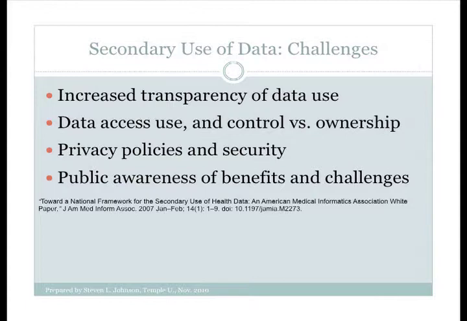There's ethical issues about if somebody was in a research study, they agreed to be a participant in that study, but does that mean that they agree that their data can be used for other reasons? Okay, so that's where we need transparency about these things. And a shift in thinking that would really support this is away from the concept of who owns data to the concept of control of data.